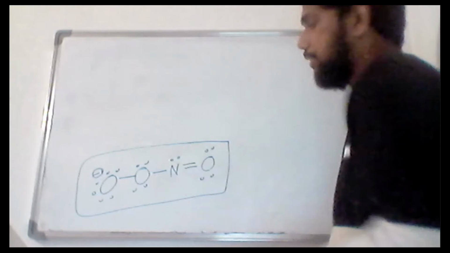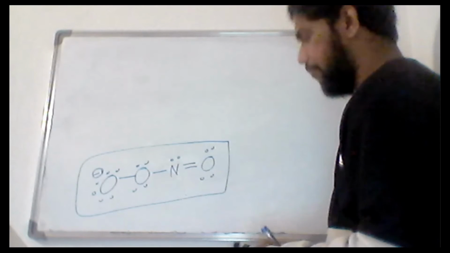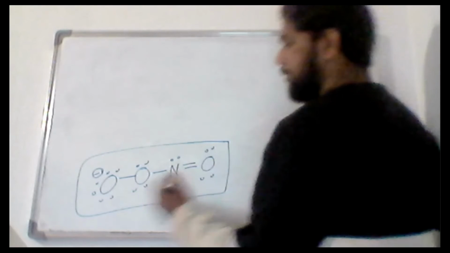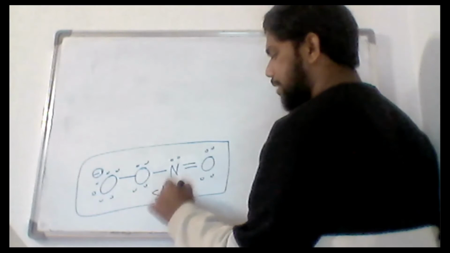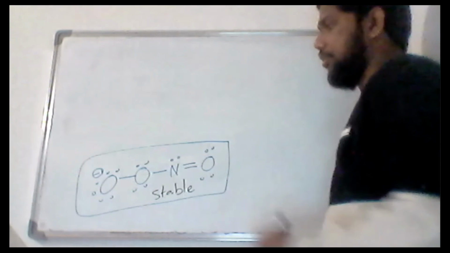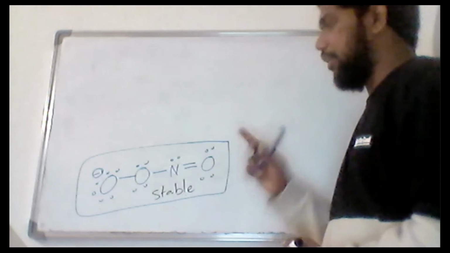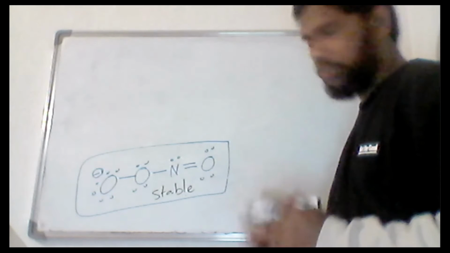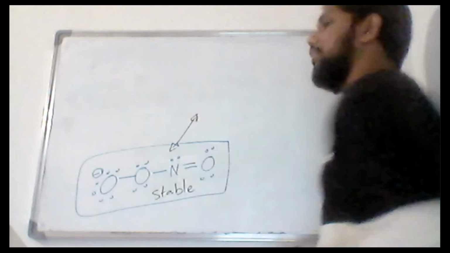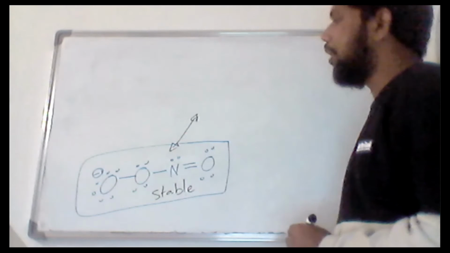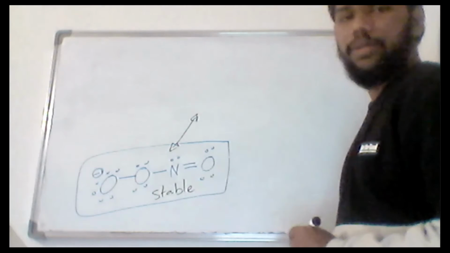So the first resonance structure is this one. So this is, we can say, stable, because they have told us to comment about this structure. This is the Lewis structure that we drew, and from this Lewis structure we can draw some other resonance structures as well. Okay, so this is stable.